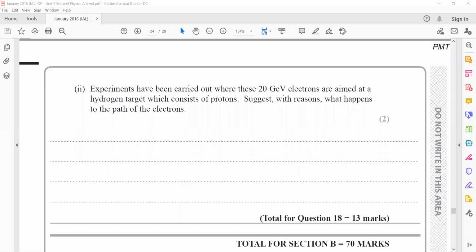You can also mention, because this is wave particle duality, that if this is a hydrogen nucleus and an electron is revolving, due to electrostatic force the electron might deviate or change its path. That's one thing you can mention.